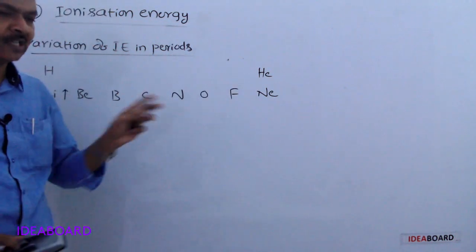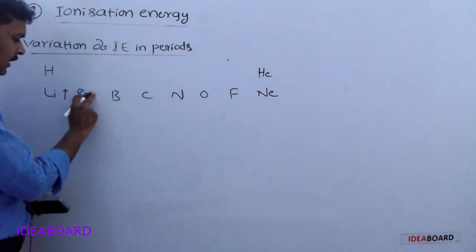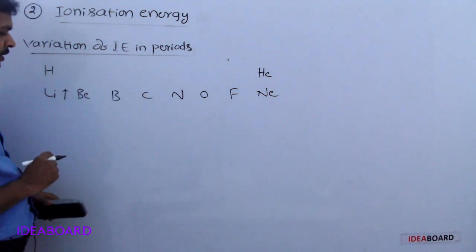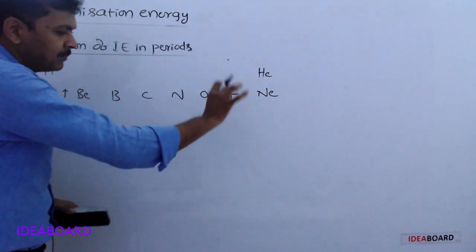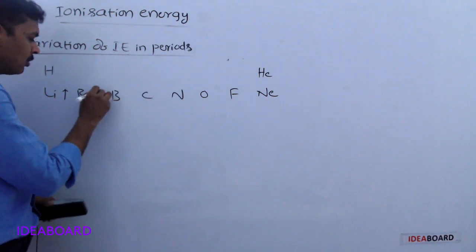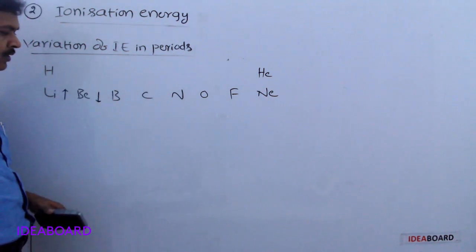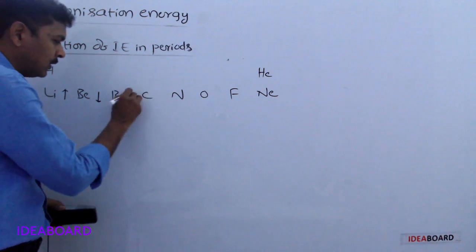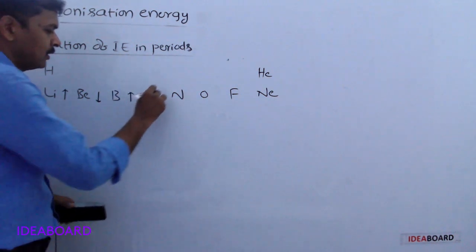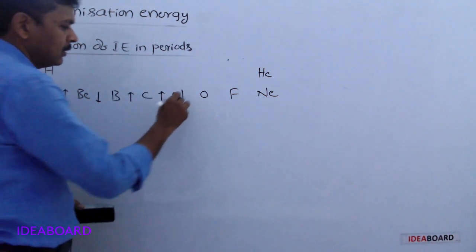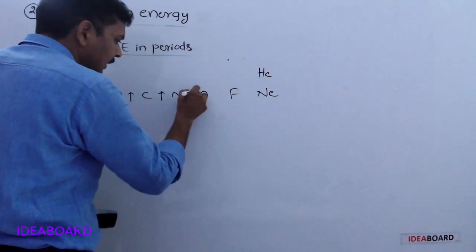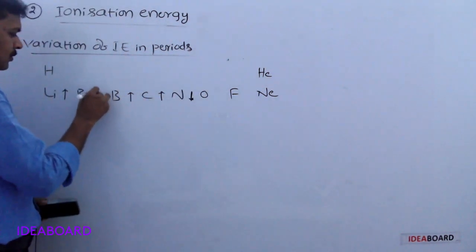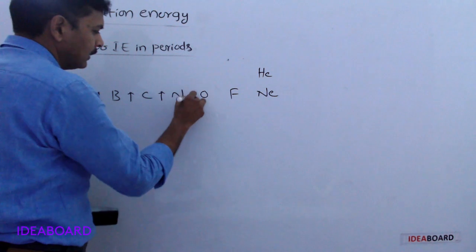But there are some exceptions. In general, left to right IP increases, but from beryllium to boron it decreases. Boron to carbon increases, carbon to nitrogen increases, but nitrogen to oxygen decreases.